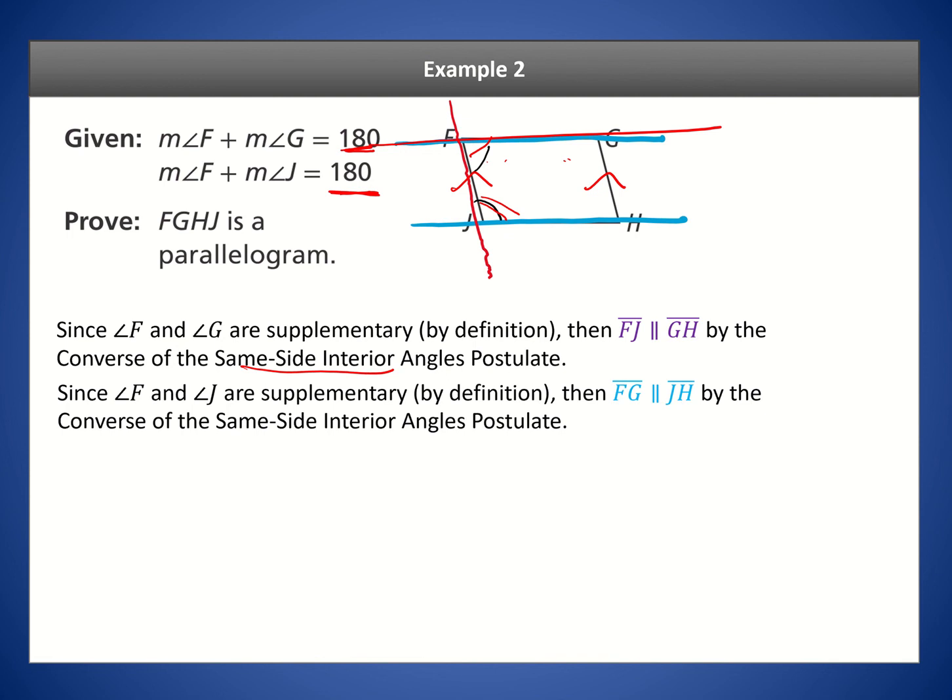And therefore, those blue lines are parallel. So by definition, because we have two pairs of opposite parallel sides, we have a parallelogram. End of proof.